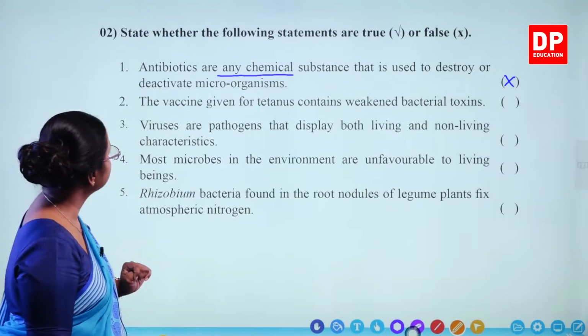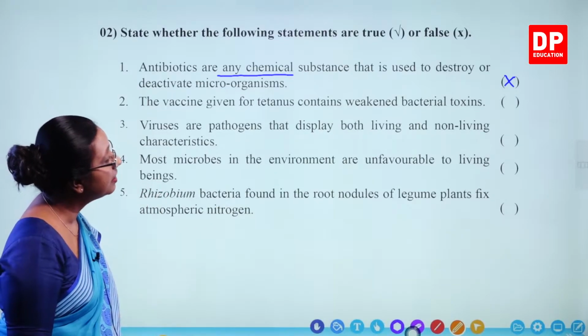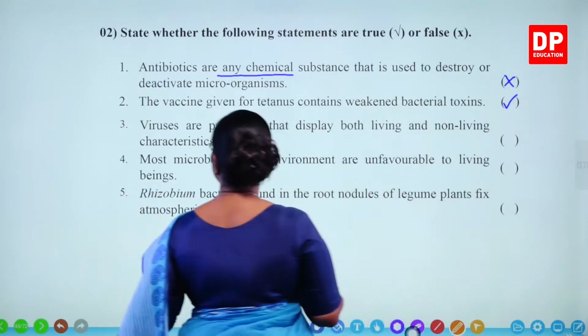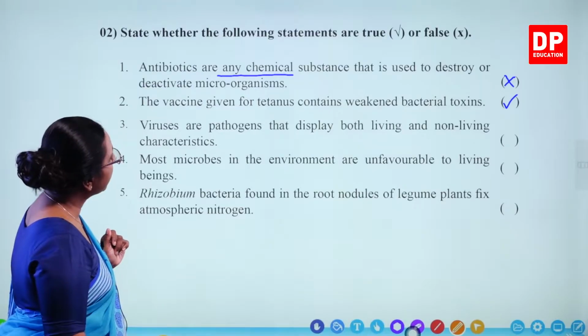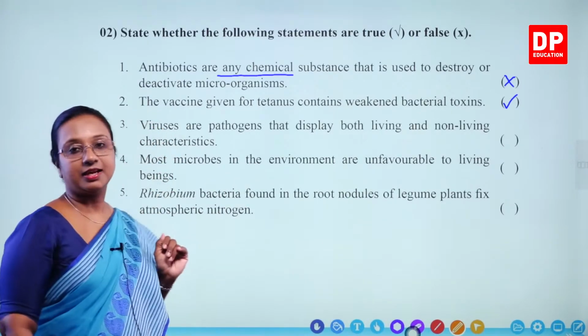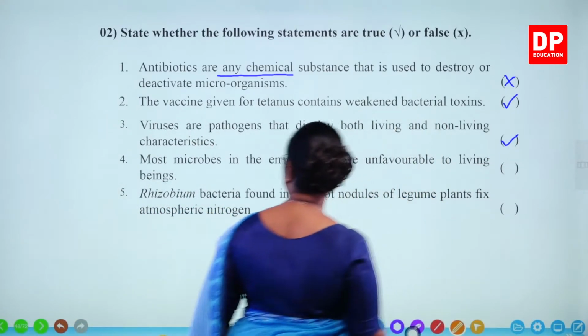So, here that is correct. The vaccine given for tetanus contains weakened bacterial toxins. So, this is a correct statement. Then the third one. Viruses are pathogens that display both living and non-living characteristics. That of course you know for sure it is correct.